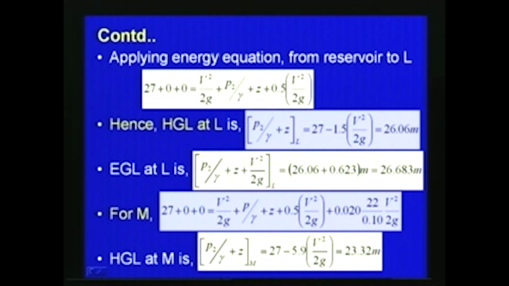Now we can get the elevation of the EGL, the energy gradient line, that will be V square by 2G plus P2 by gamma plus Z. With respect to the HGL elevation, we add the V square by 2G, which is 0.623 as we calculated. So, 26.06 plus 0.623 is equal to 26.683 meter.